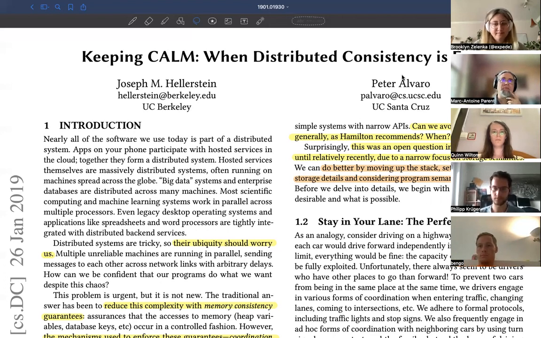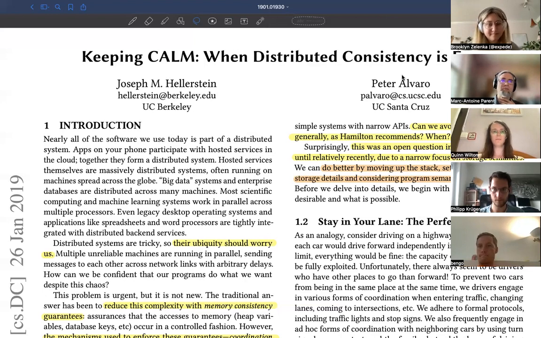And then they take that execution environment and a definition of consistency, which is, what was the word? Confluence, which basically means that the order of operations doesn't matter as long as the outcome of the program is the same. And using those together, they can define what a monotonic program is.